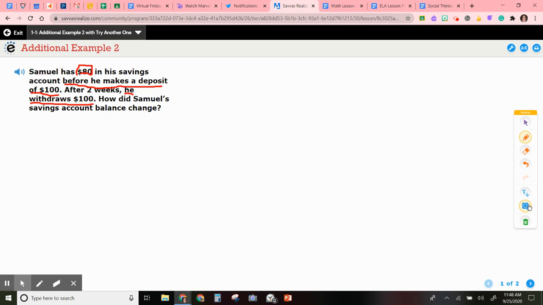How did Samuel's savings account balance change? If we look at this, okay, what are we starting with? We are starting with 80. Samuel has 80 in his savings account before he makes a deposit.